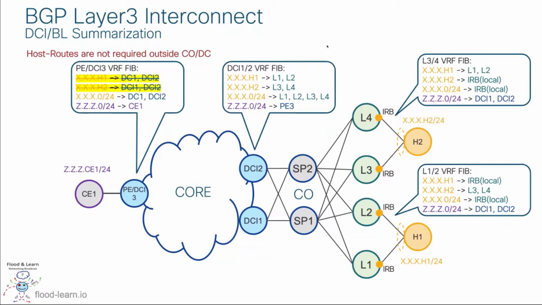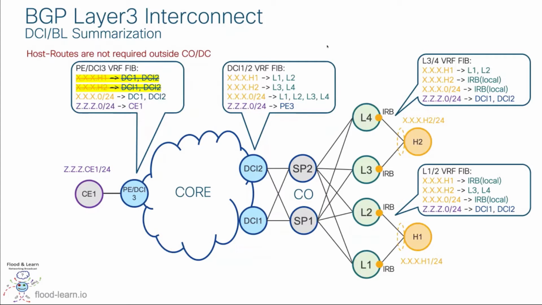When we look at the leaf layer here, we have 4 leaves. We have 2 hosts. Let's say that both of them are sitting in the orange subnet, and I have this subnet stretched between these 4 leaves. So H1 is sitting behind L1, L2, and H2 is sitting behind L3 and L4.